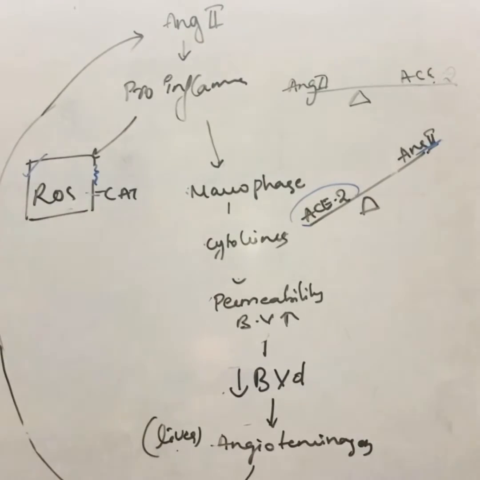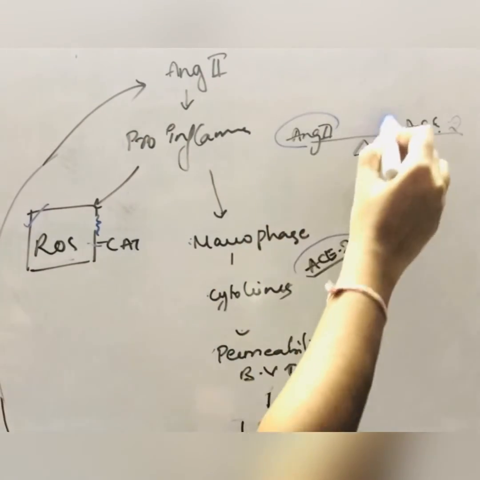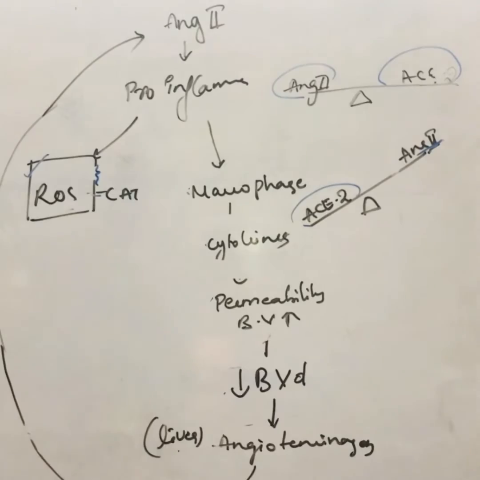By this we know the importance of the ACE2 receptors. In a normal person, it is very important to balance the angiotensin 2 and the ACE2 receptor proportion.